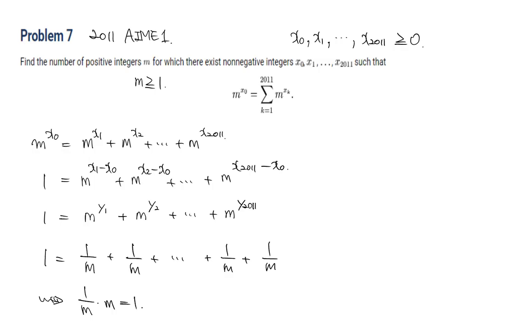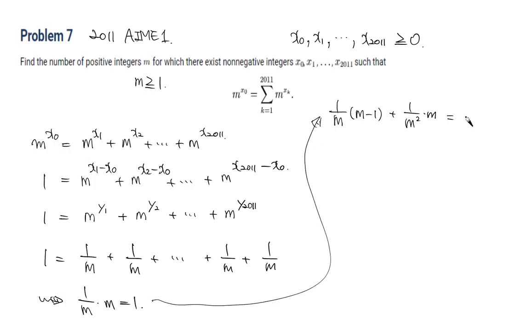What are we going to do? Well, I thought about that process as well. What if we have 1 over m, m minus 1 number of times, and we make the last term 1 over m squared times m? What if we allow such expressions? Well, that's still 1.